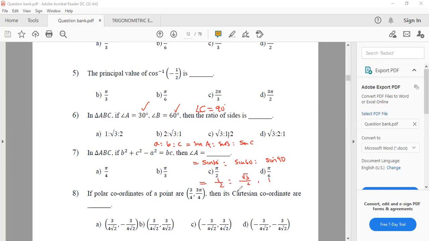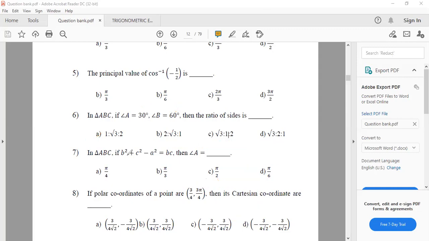But we don't have these exact values, so multiply by 2: 1, root 3, 2. So which is the option? Option A.